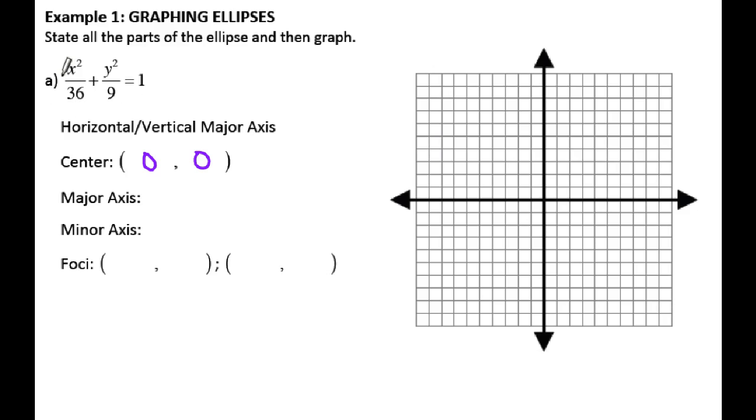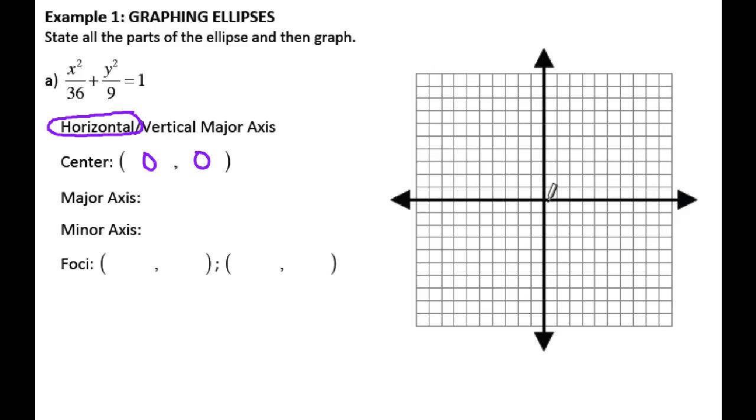If the bigger number is underneath the x, that means your ellipse is bigger horizontally. If the bigger number is underneath the y, your ellipse is going to be bigger vertically. In this case, we have the bigger number underneath the x, so we are going to have a horizontal major axis, which means it's going to be longer horizontally.